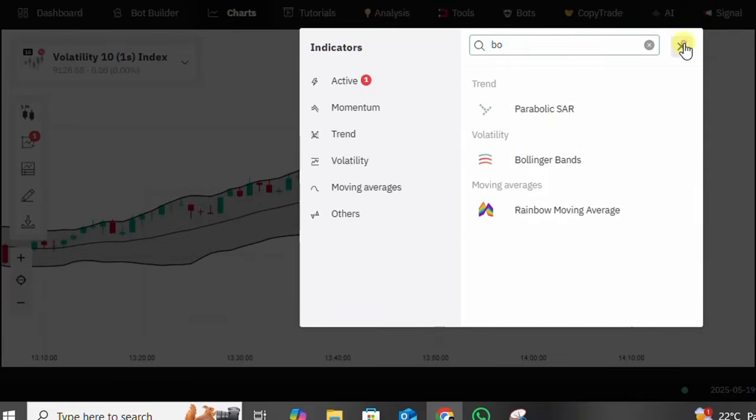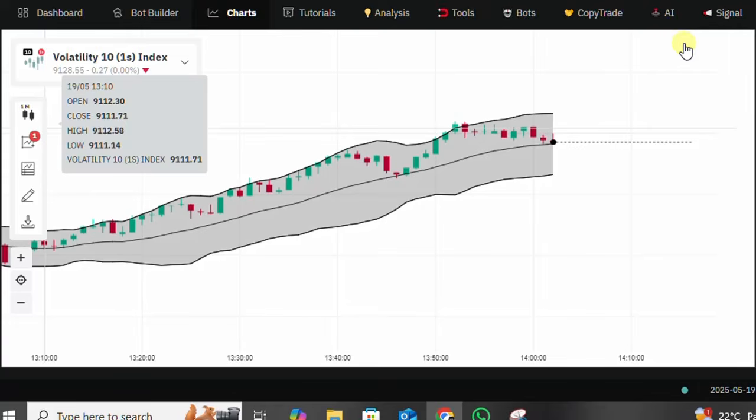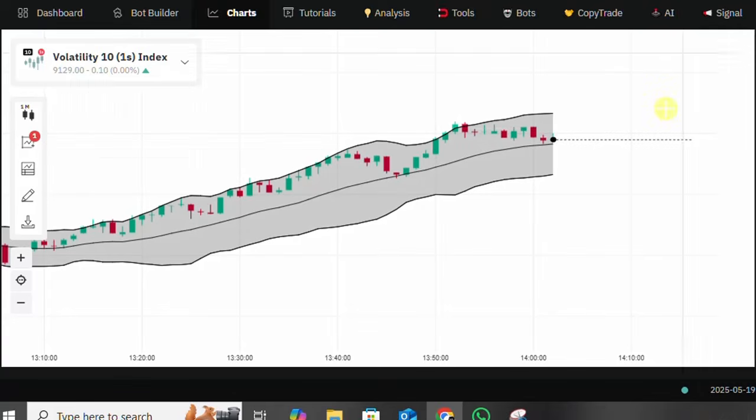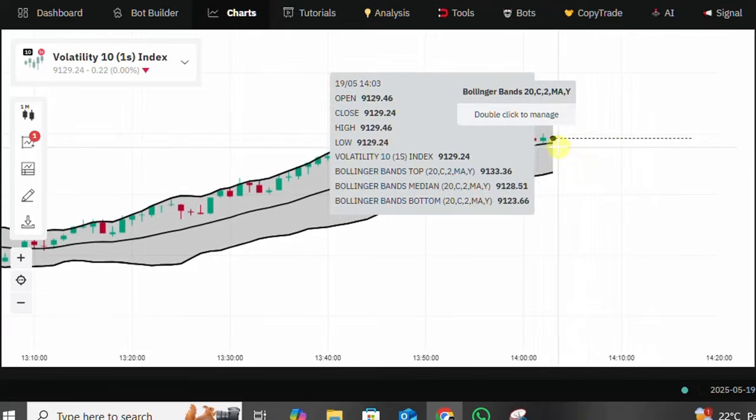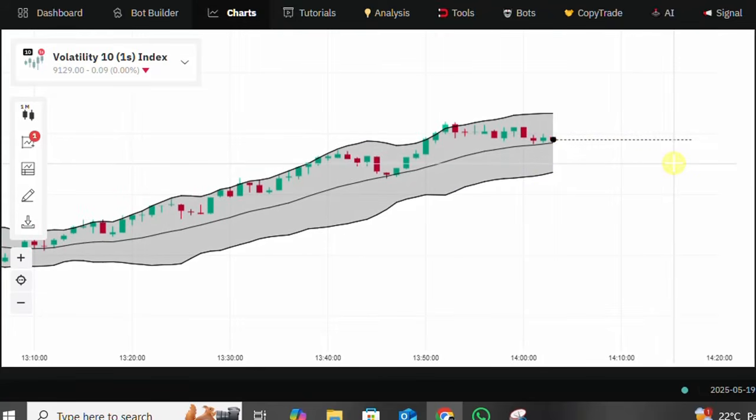Okay, that is the Bollinger Bands, and you can see where the price is right now, where this line is. You see there is also a middle line cutting across the graph or chart that you can see. You can see there's a center line there.